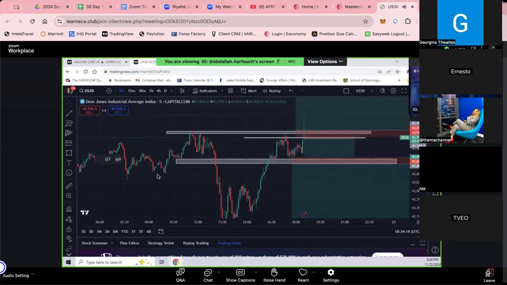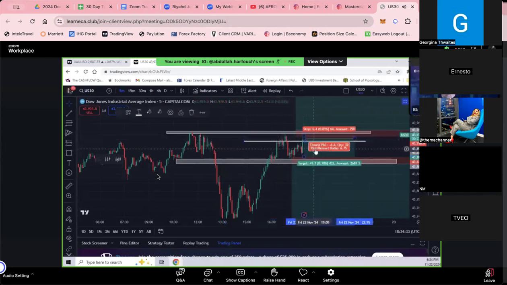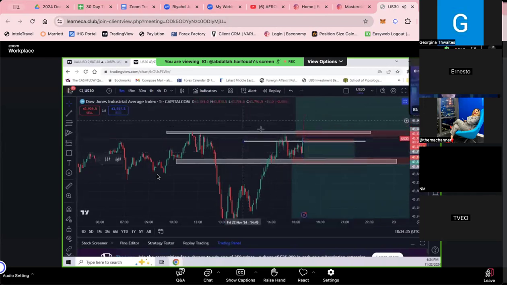It's pushing down again. Next candle will be very interesting after all this rejection down from this wick. Breaking the low of this candle will be interesting. 20 seconds left. Will it break down?